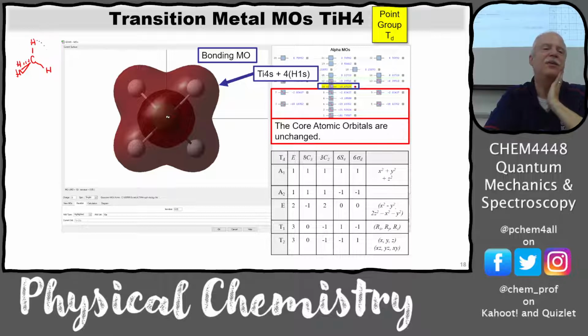Okay, but if you draw it this way, where do you put the z-axis, right? We've always said the z-axis is along the highest order symmetry axis. And methane has some C3 axes and some C2 axes, but it also has an S4 axis. And that z-axis is actually going along the S4. Now, what on earth do we do with that?